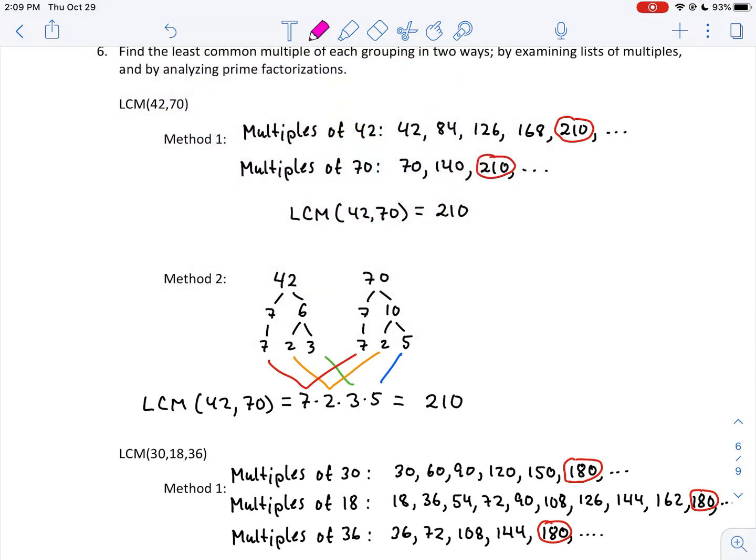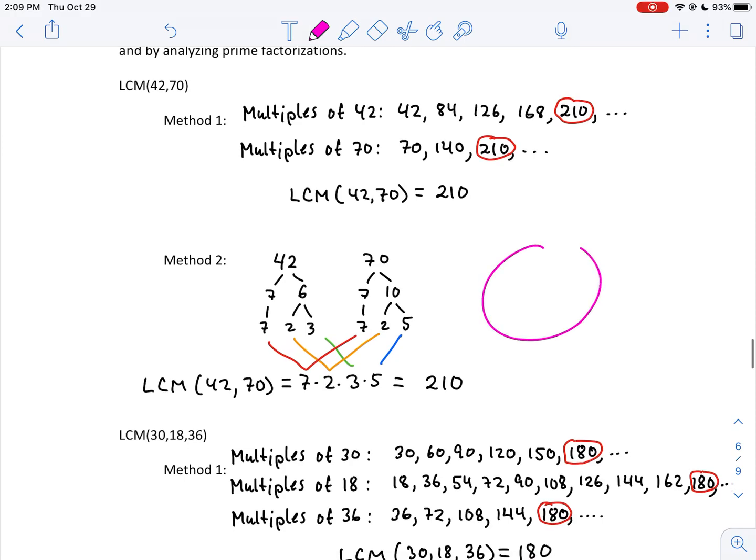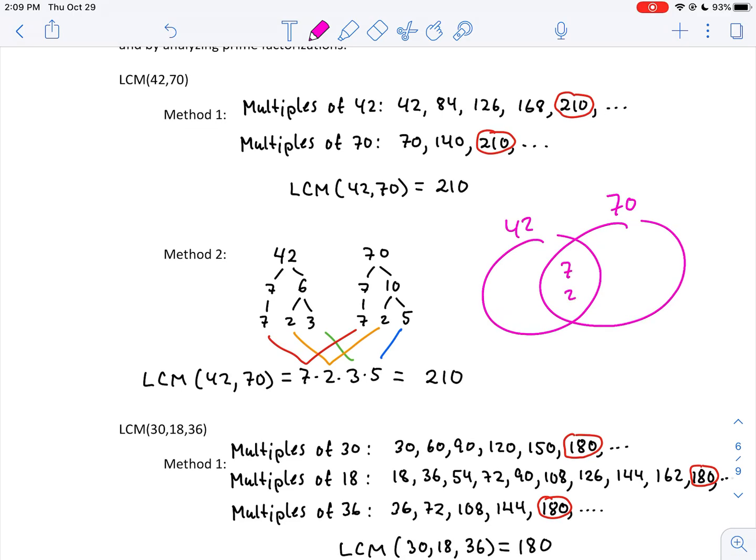Okay, for the LCMs, I just wrote all the multiples and found the smallest that was common, 210. And to create an LCM, you can do the Venn diagram approach. So we have 42 and 70. Okay, what are the factors they have in common? Well, a 7 and a 2 were common. Additionally, the 42 had a 3 involved, and the 70 had a 5 involved.